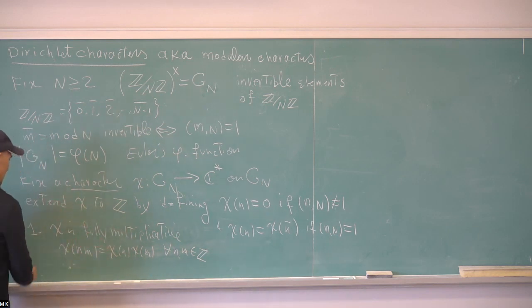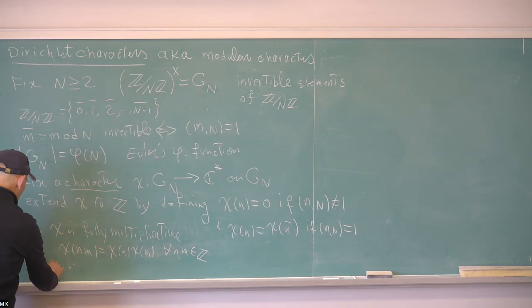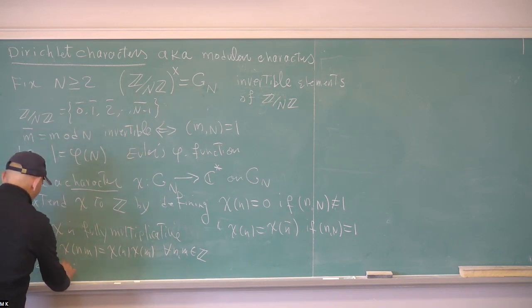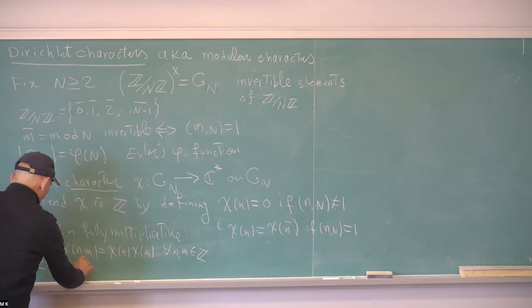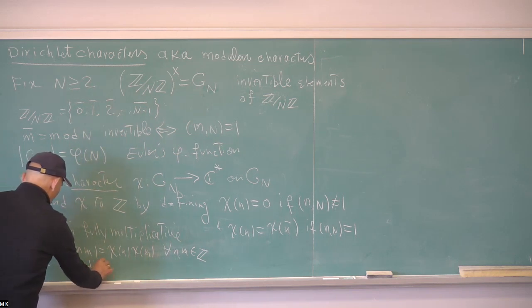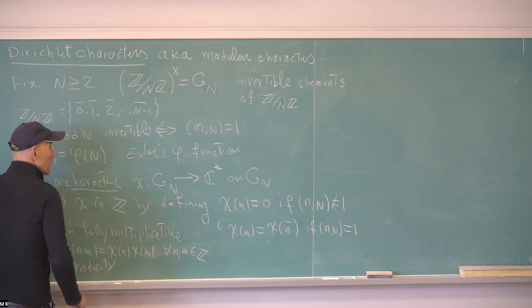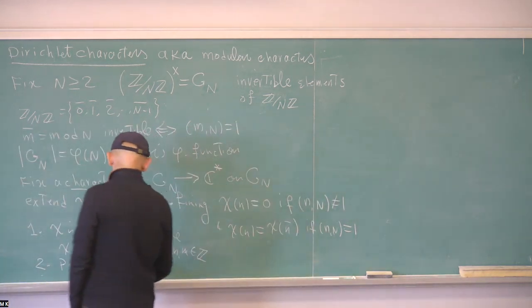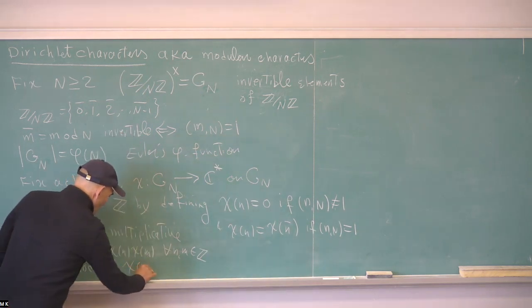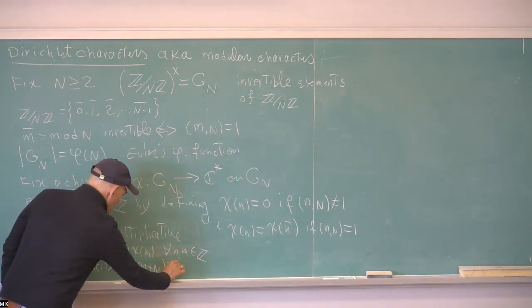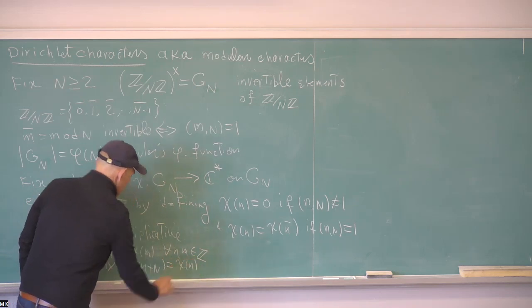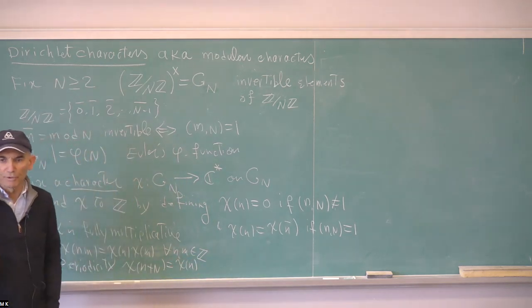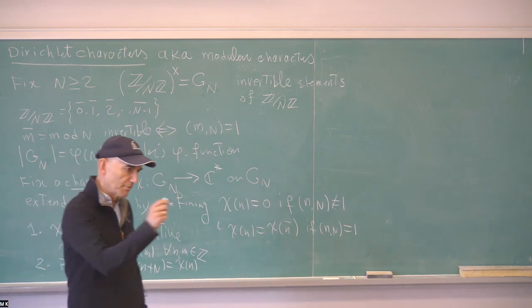That's easy. And the second property is that this chi is actually periodic. Periodicity is that chi of m plus n is equal to chi of m. So it has some period n, and repeats itself after that.